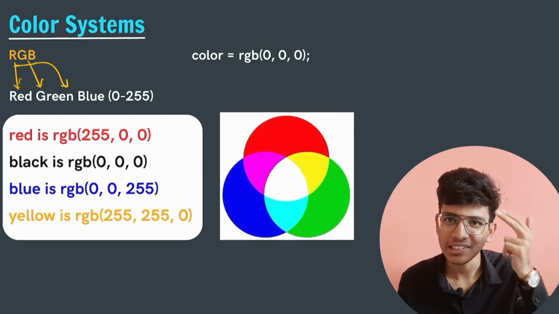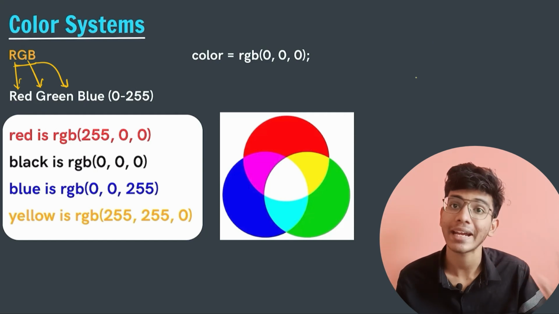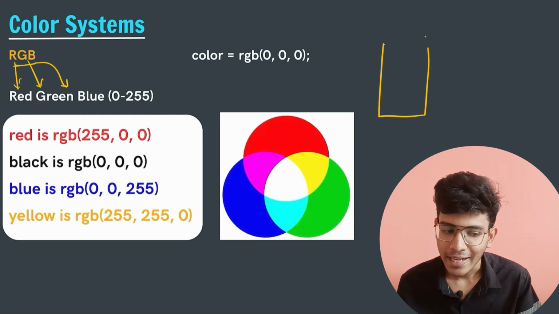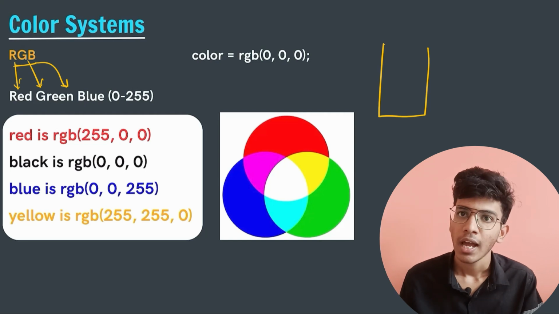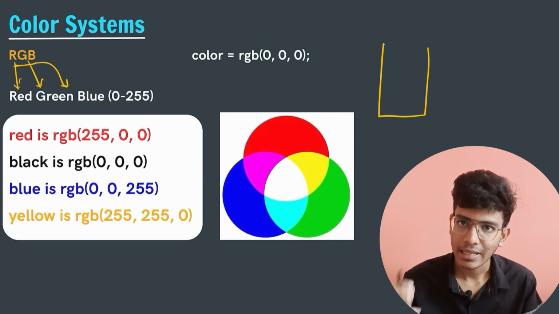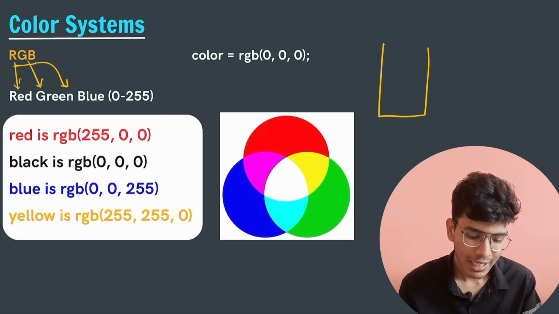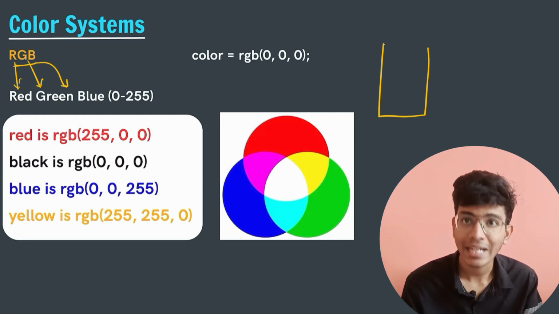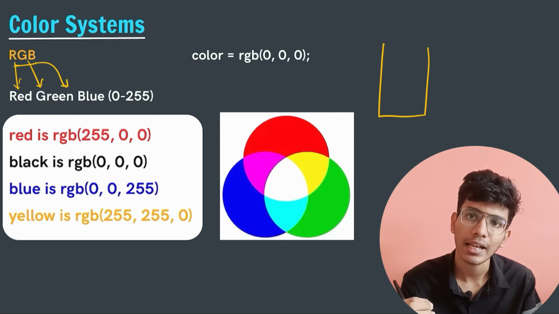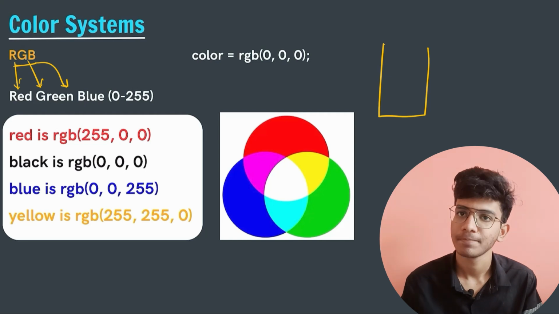If you want to understand how RGB works, you can imagine it as a bucket, right? In the bucket you are adding red color, blue color, green color, and the resultant color will have the intensity towards red if the red color in the bucket is more. Let's say in my bucket the blue color is very high in quantity, then the resultant color will be more inclined towards blue, right?